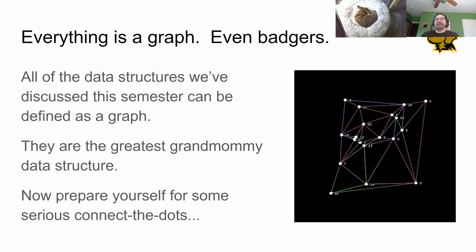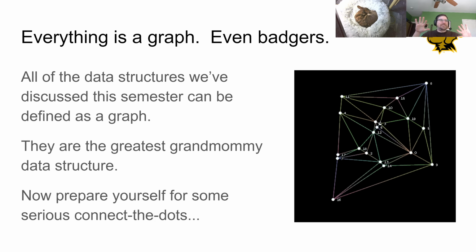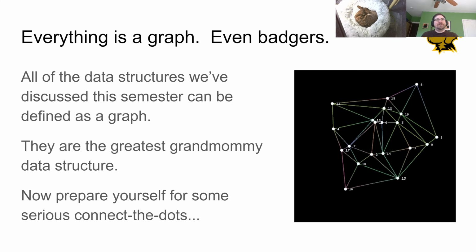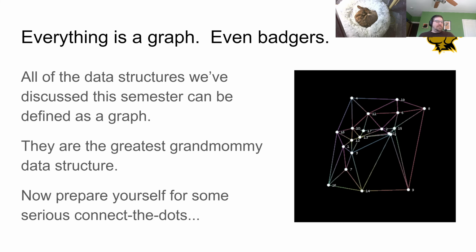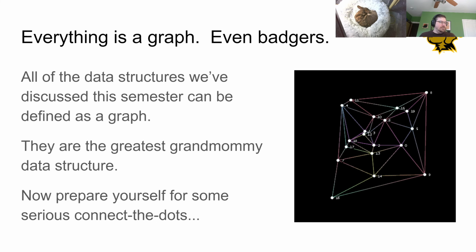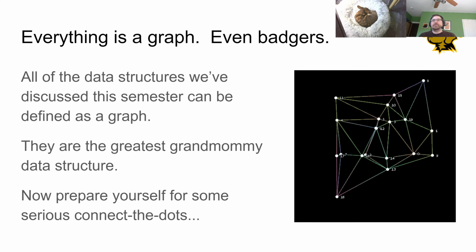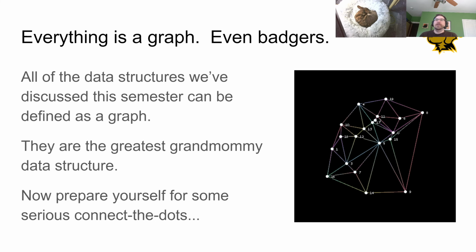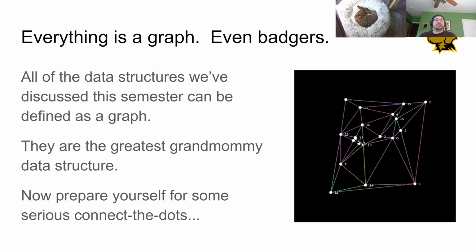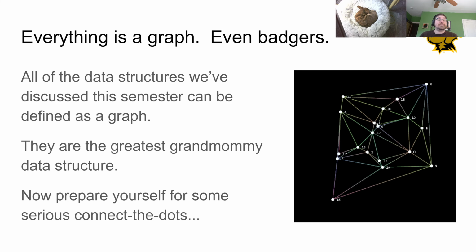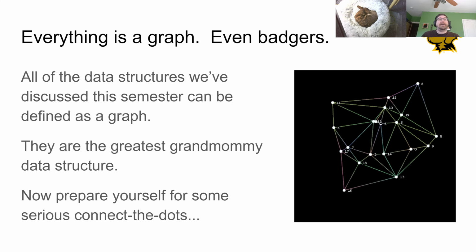All right. Here's one. That's a nice graph. Very floaty. It's out there doing its thing. So here's the fun thing about graphs. You could argue, and it's just true, that all of the data structures we've covered thus far are some specialized kind of graph.